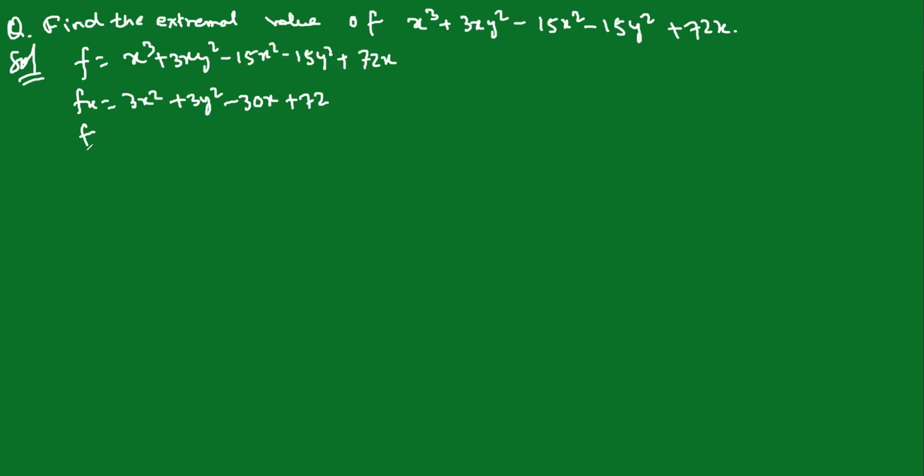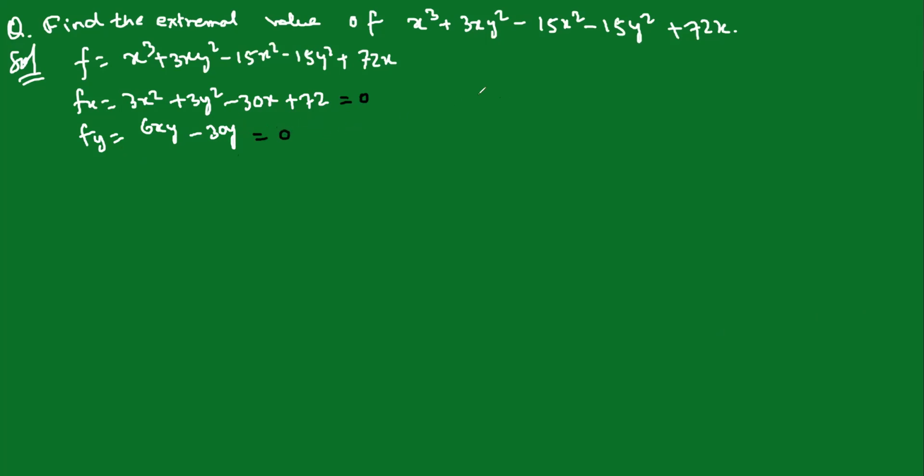What is f_y? f_y is 6xy minus 30y, right? For a stationary point, what will you do? Put both equal to 0, right? I am solving without showing every step, but you can understand, right? So this is the second step.